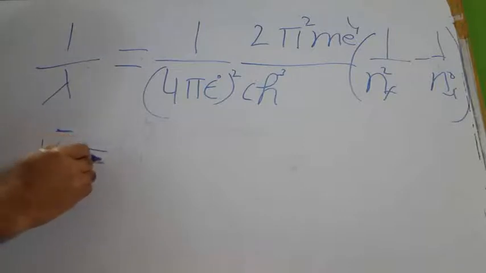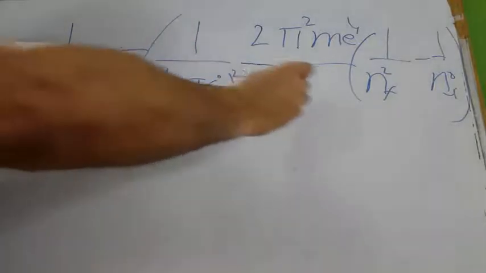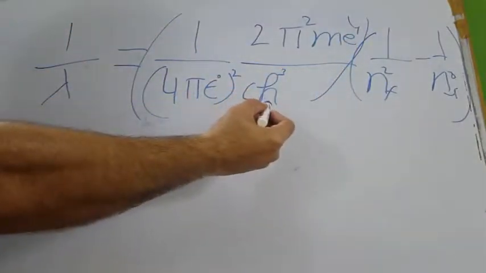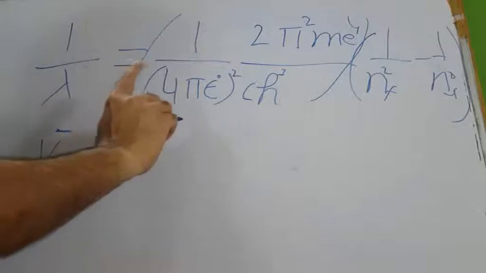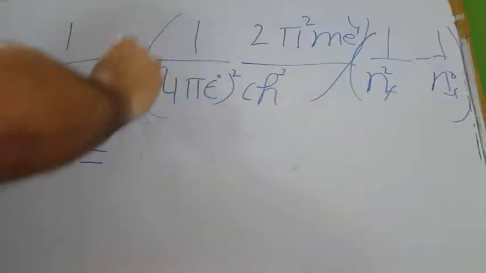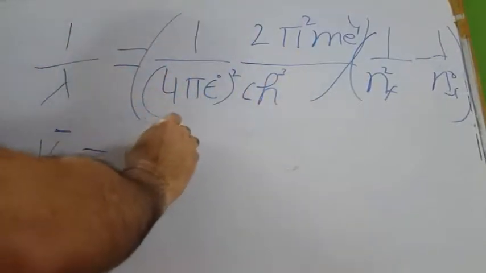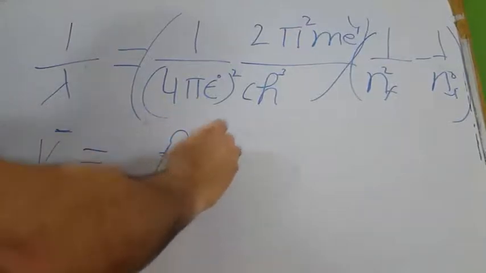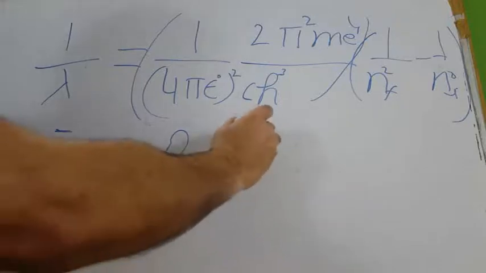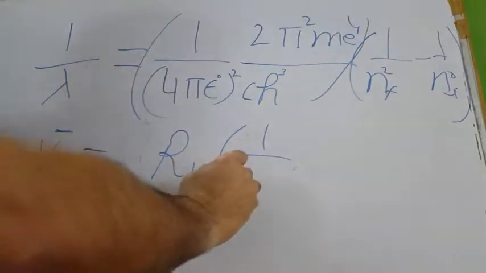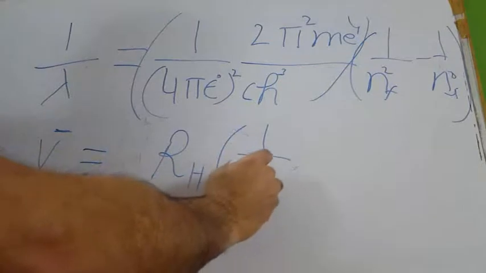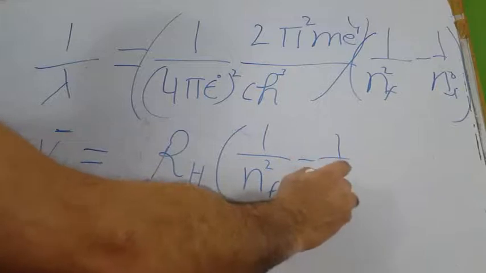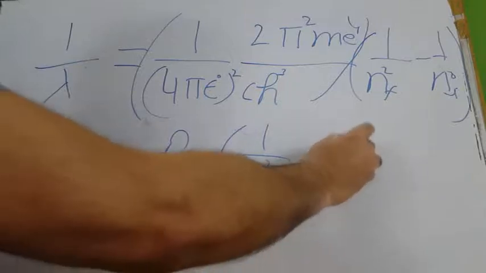Therefore, wave number would be equal to, here you see, all are constant for the hydrogen atom. Therefore, this can be represented as RH, 1 upon nf square minus 1 upon ni square.